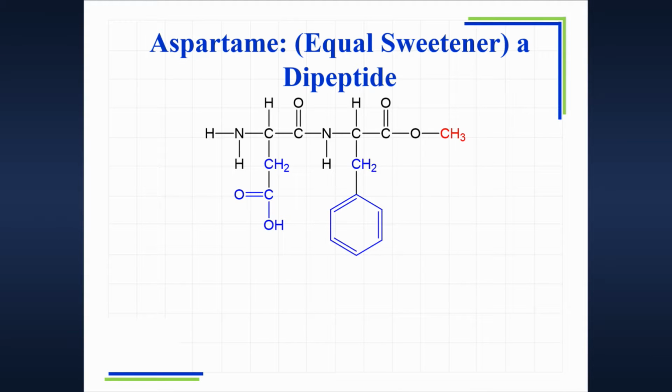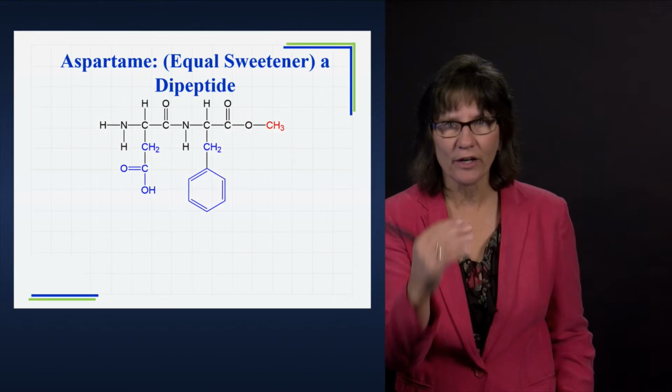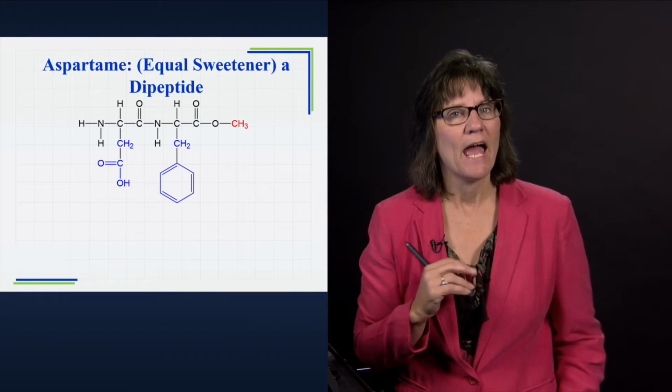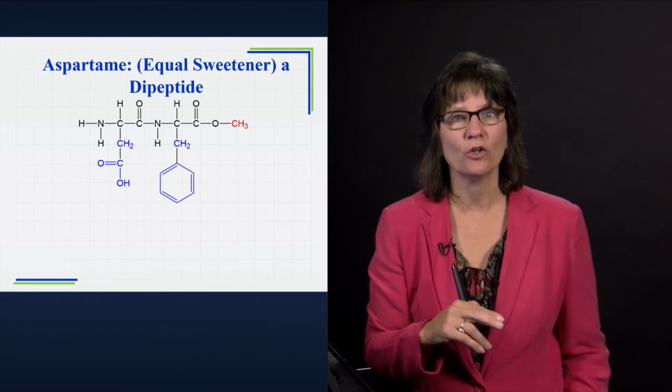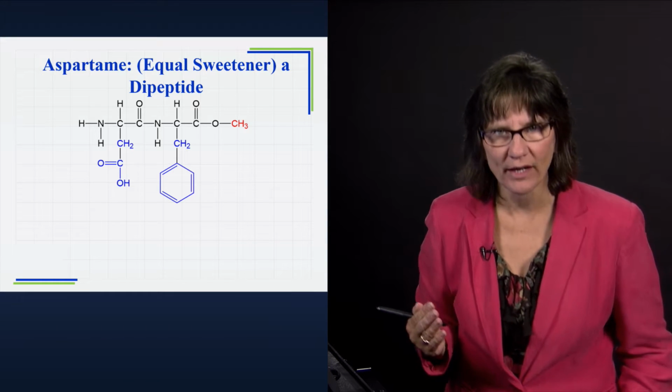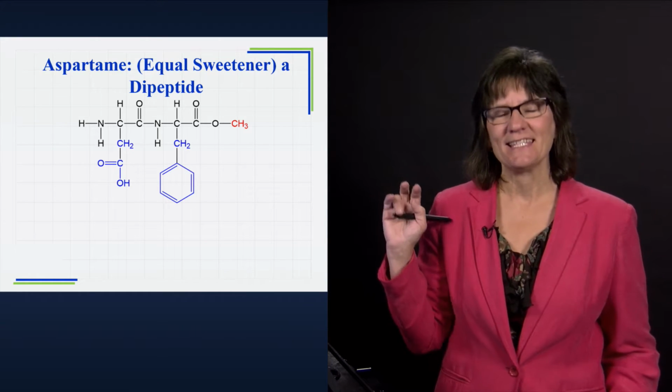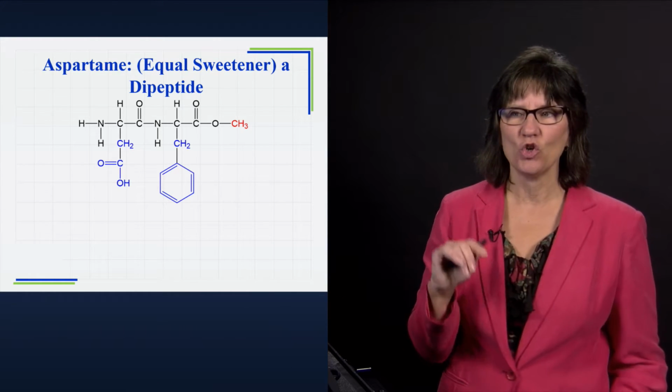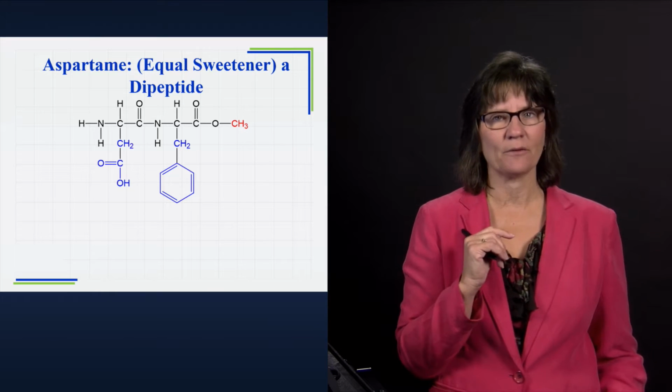So let's look at a dipeptide that is very common in our society, and that is the sweetener aspartame. Aspartame is not a carbohydrate. Aspartame is a dipeptide. It is two amino acids that have been linked together.